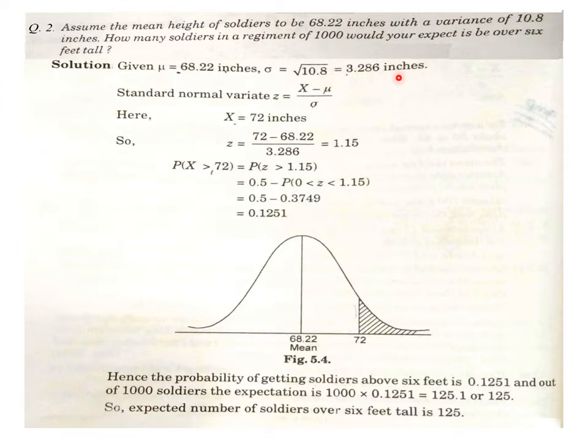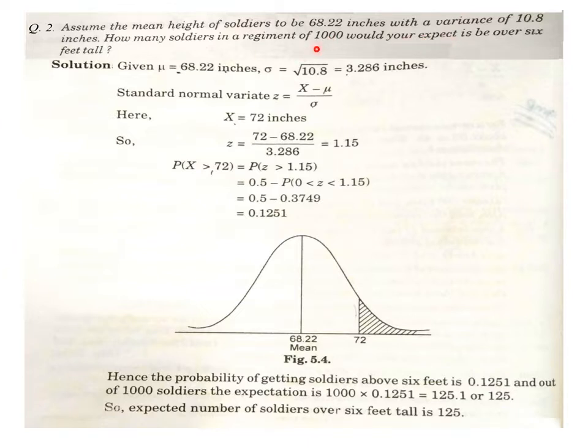As we know, we have to convert the problem from the x model to the z model using the equation z equals x minus mu upon sigma. What we have to get is how many soldiers in a regiment of 1000 we expect, meaning expectation is required.